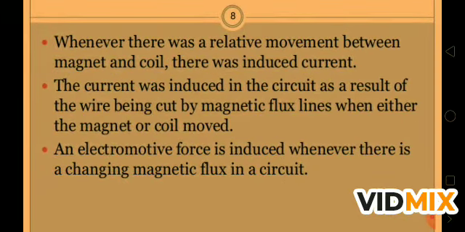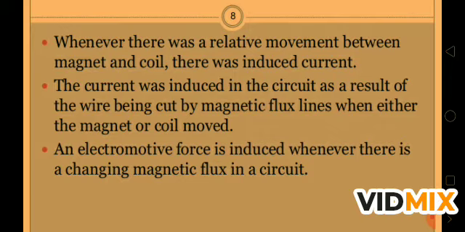So whenever there is a relative motion between the magnet and the coil, there is an induced current, and the current was induced in the circuit as a result of wire being cut by the magnetic flux lines when either the magnet or coil moves. This means the current will be induced only when there is a change in flux.